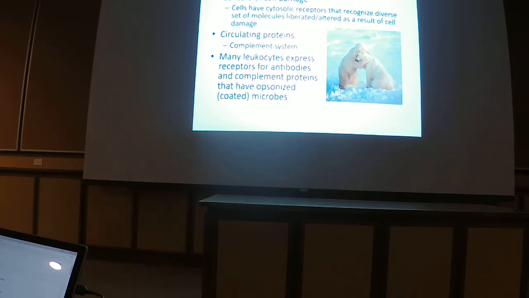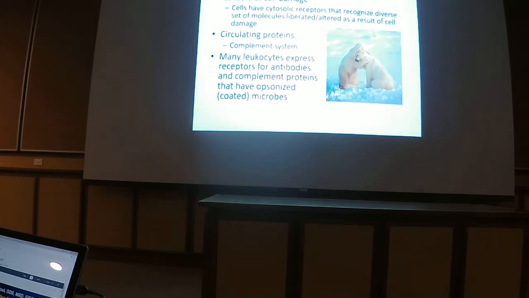Conceptually, we learned about that last time, when we talked about triggers of apoptosis, the role of the mitochondria, whether the mitochondria is intrinsically damaged, or whether the mitochondria initiates programmed cell death. So there are sensors of cell damage, and these can recognize all sorts of problems in the cell, as well as molecules that are liberated or altered, like perhaps cytochrome C, if you remember that from the first lecture.